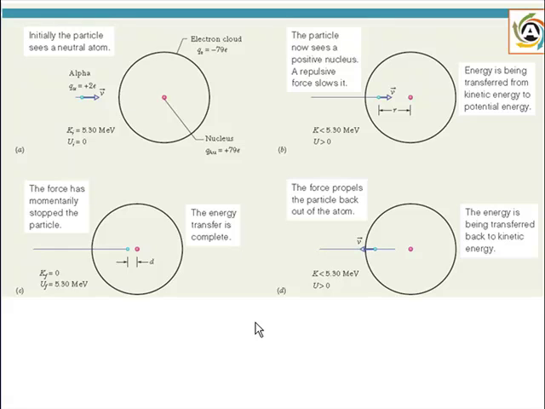Now we could ask, how close does it have to get for all of this energy to be potential energy?